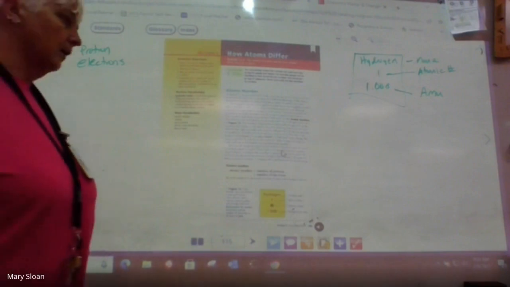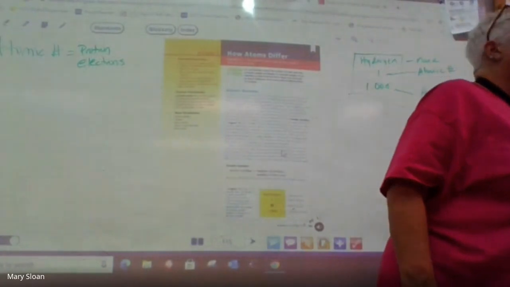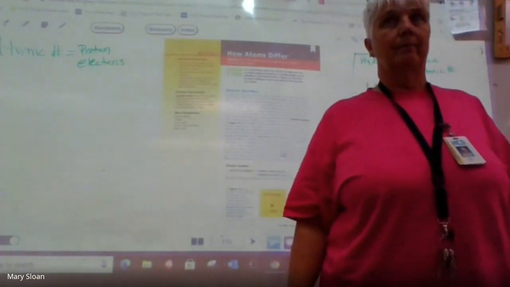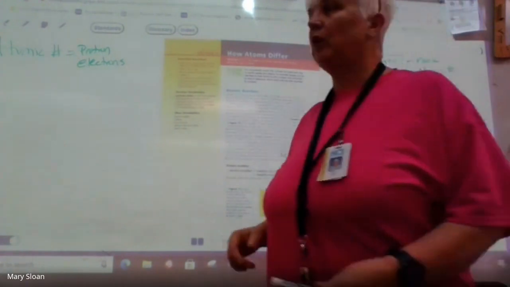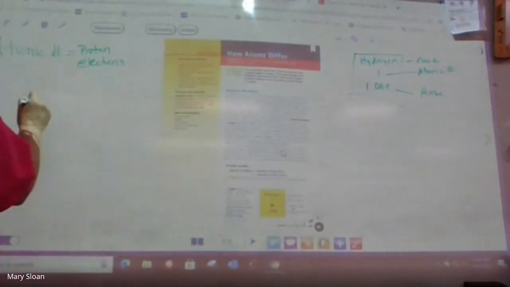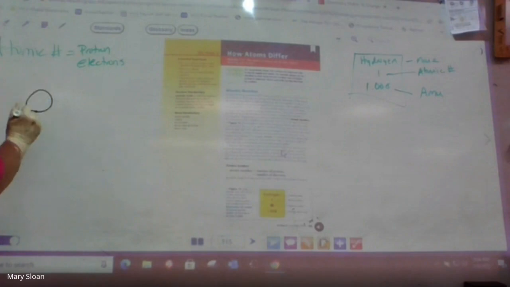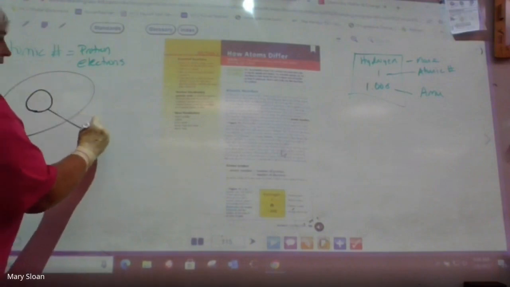So let's talk about an atom. What does an atom look like? Looks like Jimmy Neutron, right? Because everybody loves drawing Jimmy Neutron for that. So what we have is a center. That center is called the nucleus.